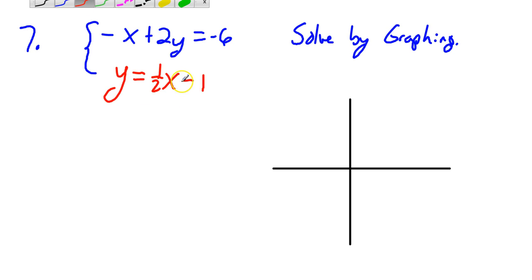It's 1/2 x minus 1. So let's go back through and mark these numbers. For that one, we're going to start at -1. And then we've got a positive 1/2, so we're going up 1 over 2 to get the next point.